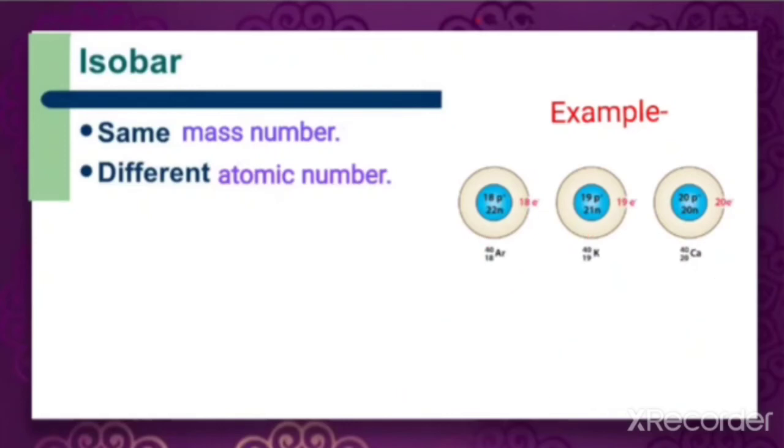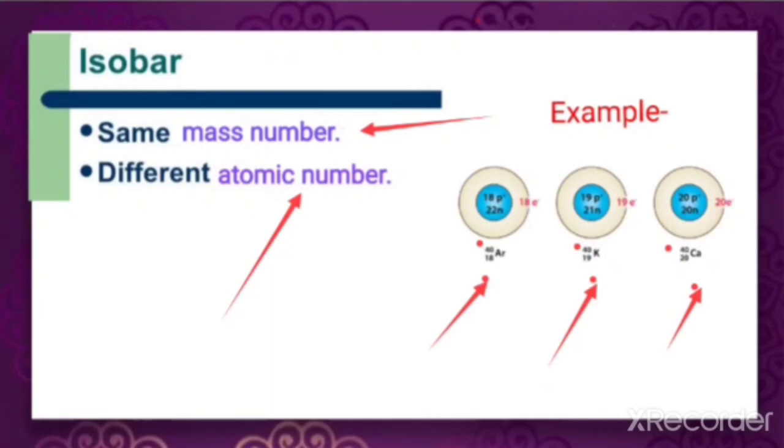As these are atoms of different elements, they must have different atomic numbers. In argon, 18 is the atomic number. In potassium, 19 is the atomic number. And in calcium, 20 is the atomic number. So they have different atomic numbers, but the same mass number.